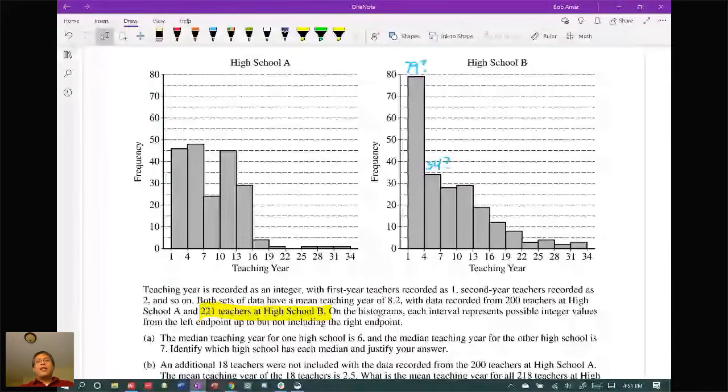And so the right skew would have a more pronounced effect on school B than school A. And because the means are both 8.2, that profound effect must mean that high school B has the lower median. Okay, but you do need to cite a specific piece of evidence that you got from the graphs. You can't just say, oh, it looks like high school B has a bunch of people on the left. Okay, so you need a good justification there.